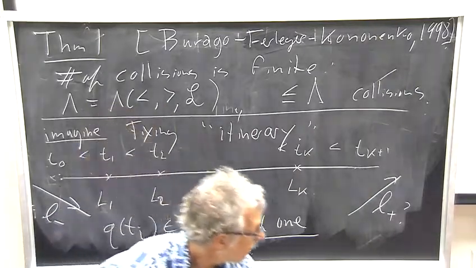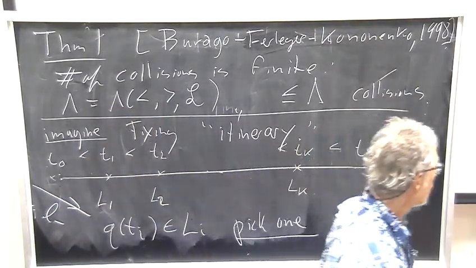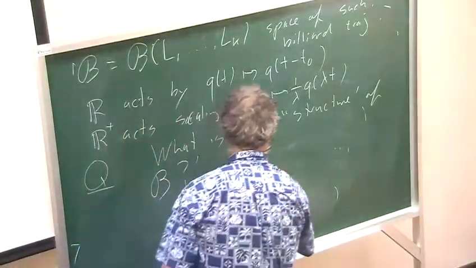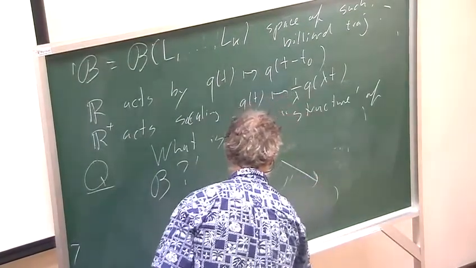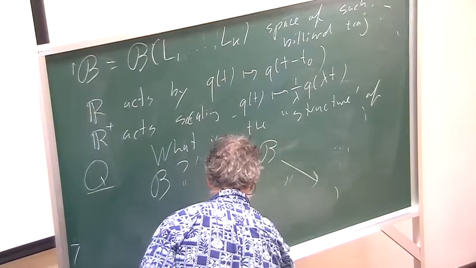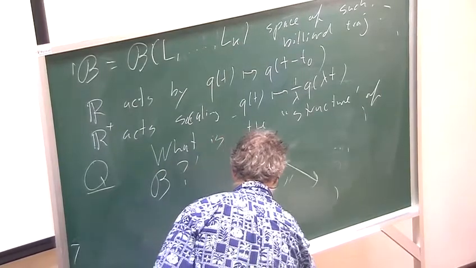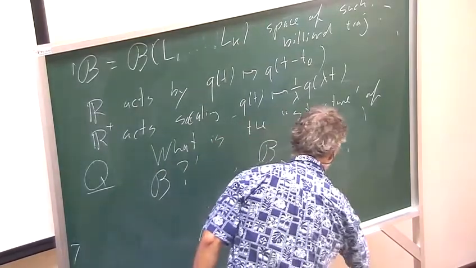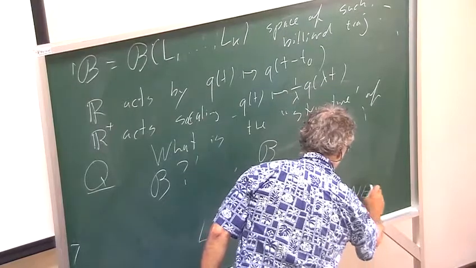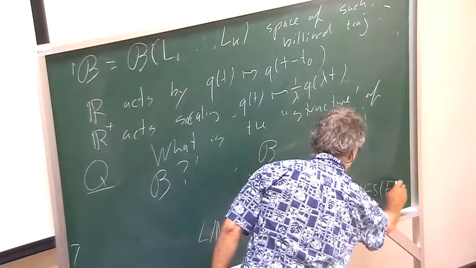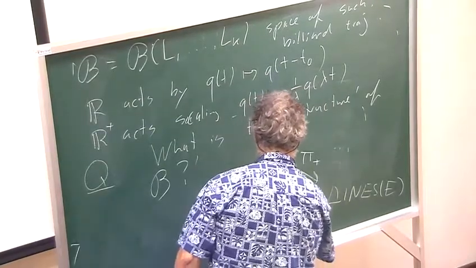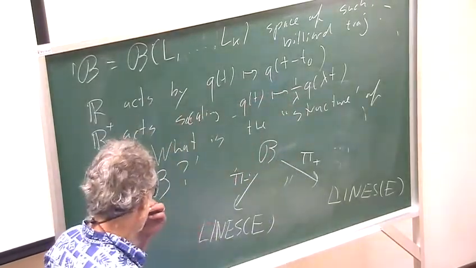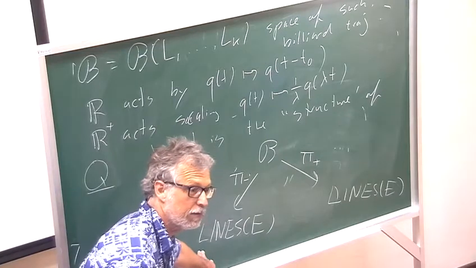So I have two projections. These are oriented lines. And I remind you that these are symplectic manifolds.